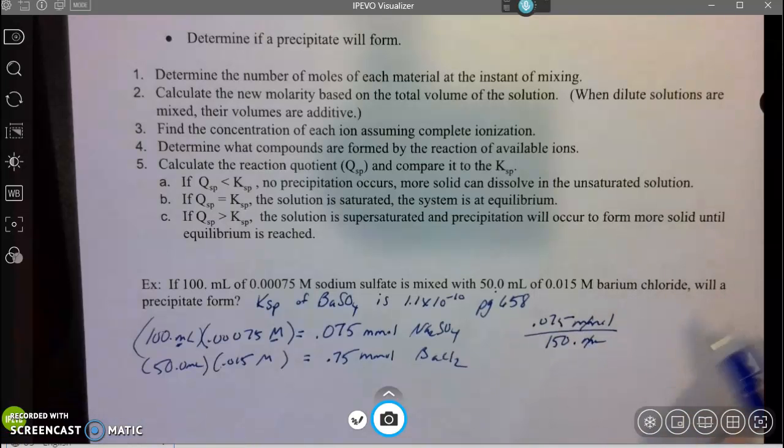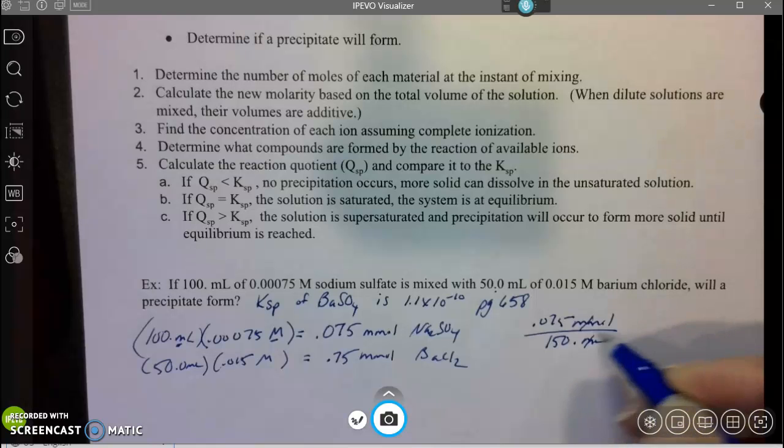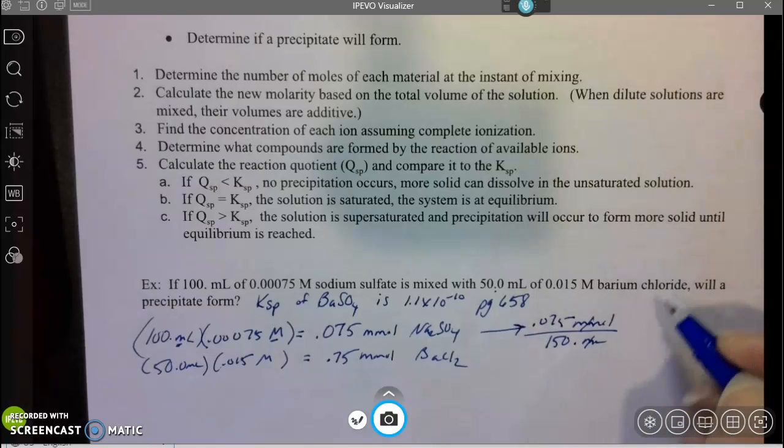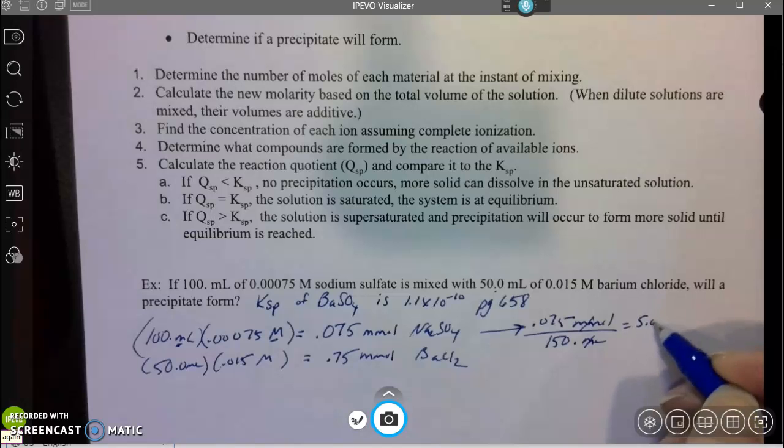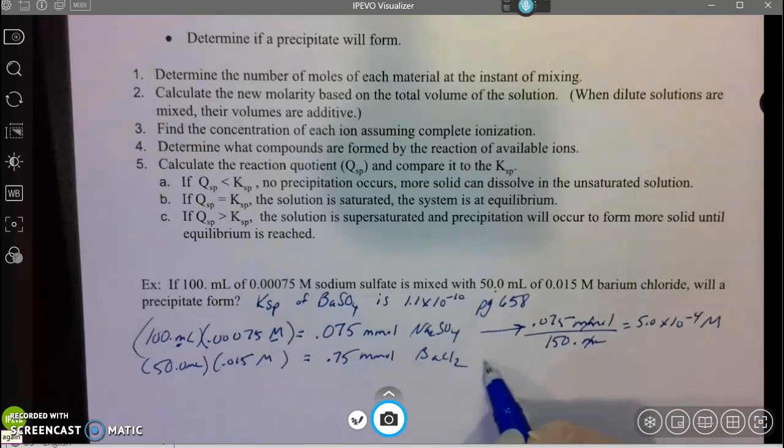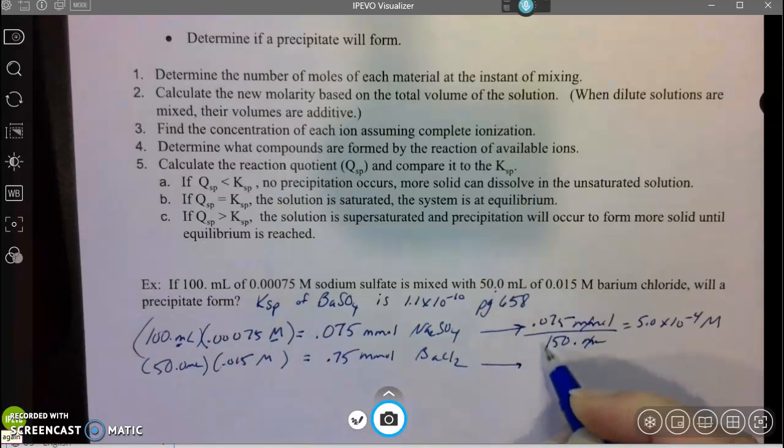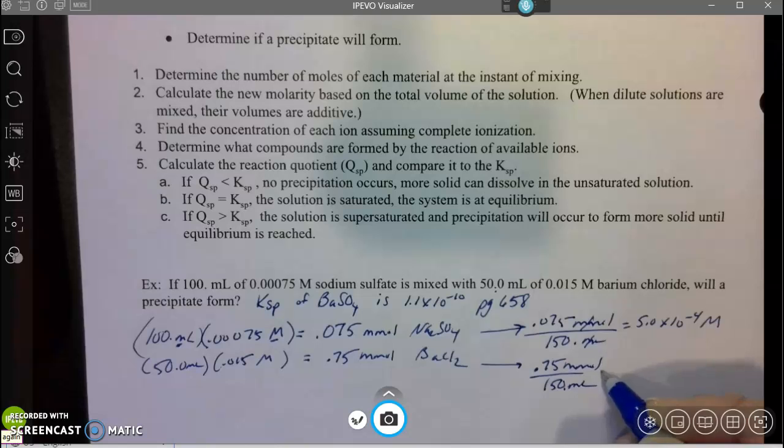And you'll see your milli cancels and you're back to moles per liter. So for the sodium sulfate, that is going to be 5.0 times 10 to the negative fourth molar. And for the barium chloride, we're going to do 0.75 millimoles over the 150 milliliters. And that's going to give me 5.0 times 10 to the negative third molarity.